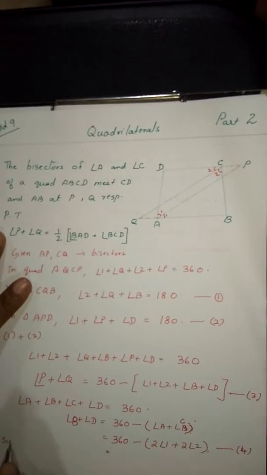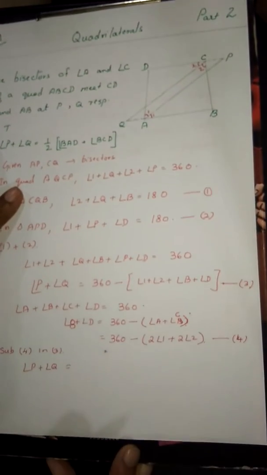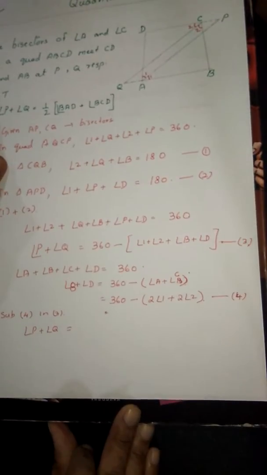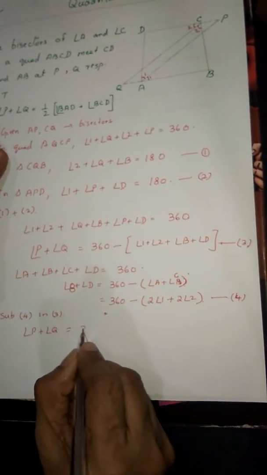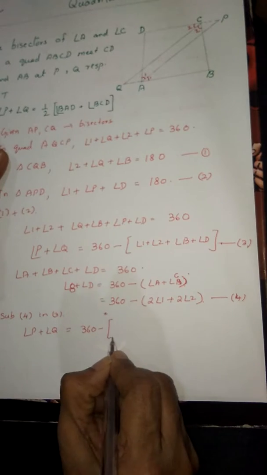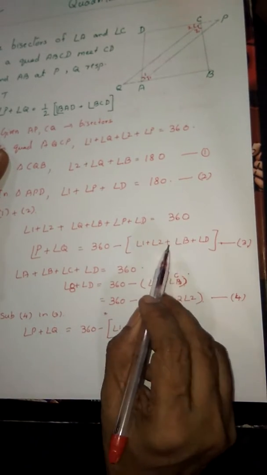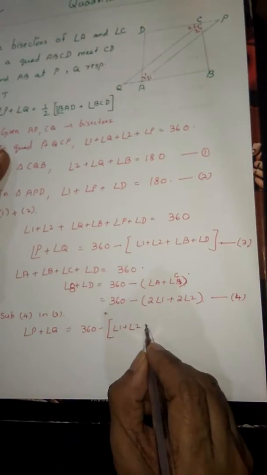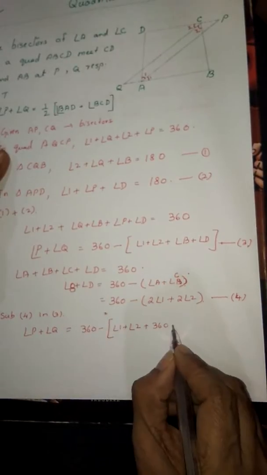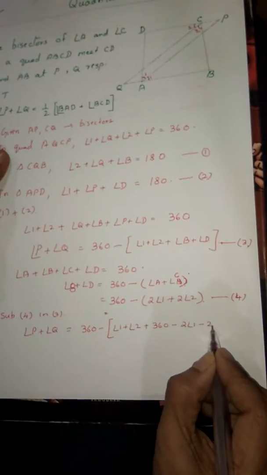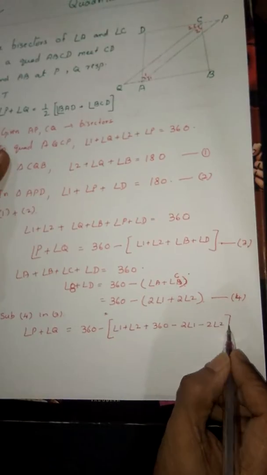So substituting 4 in 3, we get angle P plus angle Q is equal to 360 minus the bracket of angle 1 plus angle 2, plus B plus D, which is 360 minus twice angle 1 minus twice angle 2.